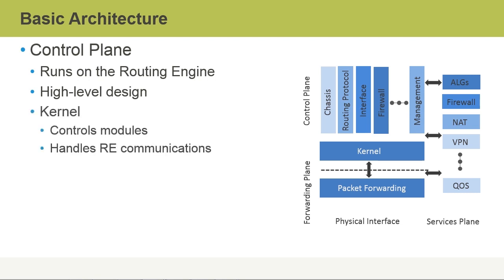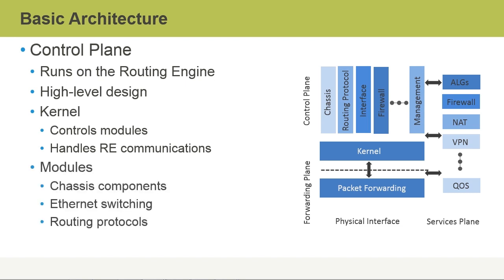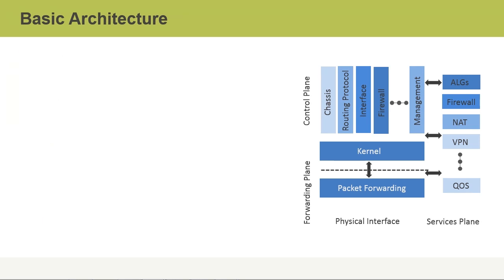The kernel handles the control traffic, and so you should take away from that the fact that it also manages communication between the routing engine and the packet forwarding engine. Modules in the control plane are considered control traffic, and these modules include, for example, modules to control and maintain the chassis, modules to control and maintain Ethernet switching, and modules to control and maintain routing protocols.